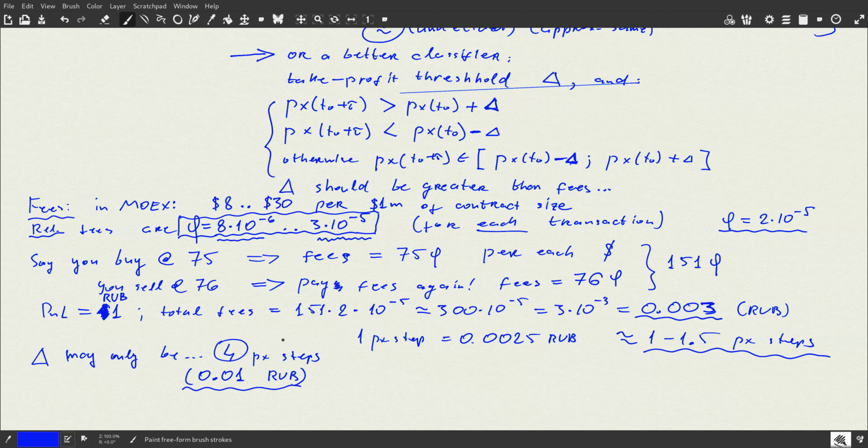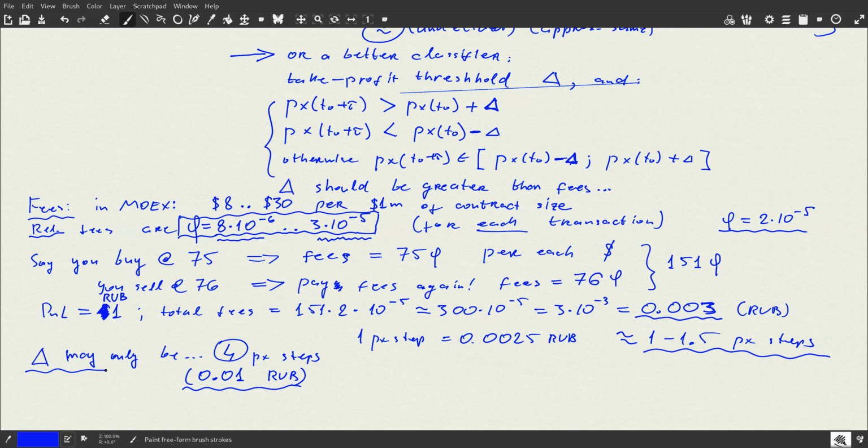So for high frequency, low gain trading strategies with very small delta, taking your fees into account becomes very, very important. So you need to understand for how much price movement you aim and how much of that will be taken as fees.